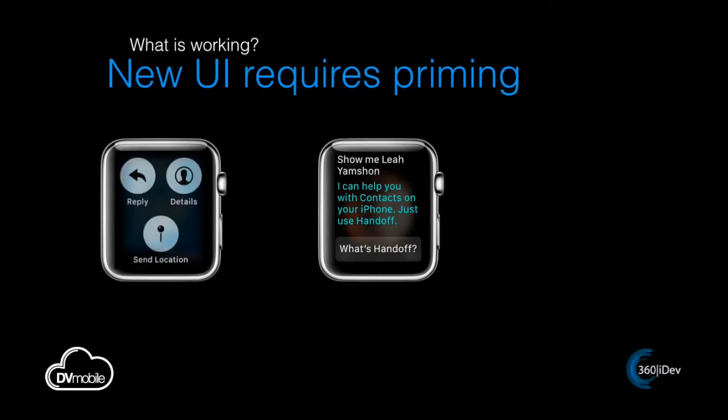But here's a good example of where you prompt the user to say, hey, you want to use handoff, which basically allows you to take the application, get them back on the phone where you have a bigger display, and use the app. Essentially, it allows bringing up the icon.